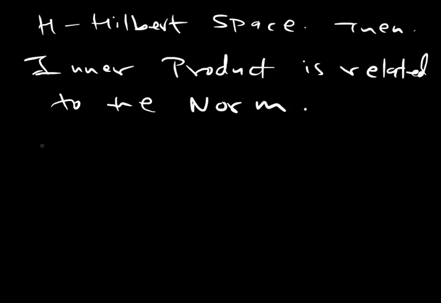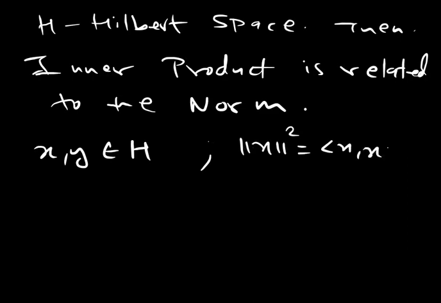First of all, if you take any x and y belonging to H, you know certainly that the norm of x square is the inner product of x with x, and the norm of y square is the inner product of y with y.